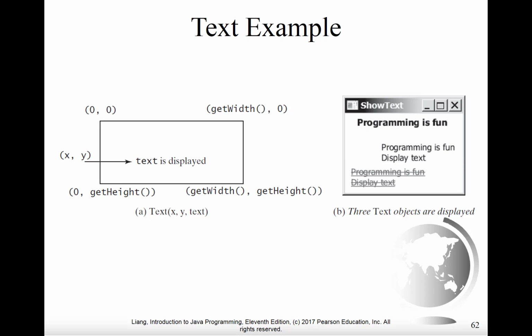So in other words, if we were to say 0, 0 for the coordinates of our text, then that would put the text up in the top left corner of the box that you see on diagram A on the left hand side. What that would actually do though, because the actual anchor point on the text is the bottom left corner of the text itself, it would actually locate the text outside of this box. We'll experiment with that when we go online and look at this in the IDE momentarily.